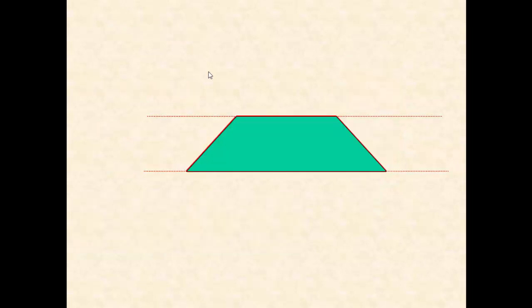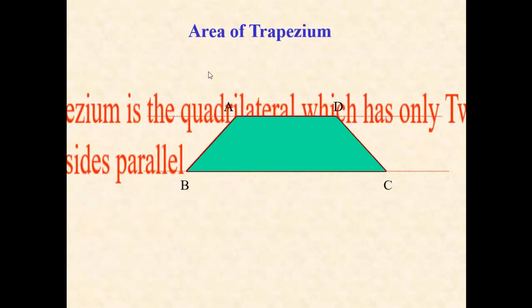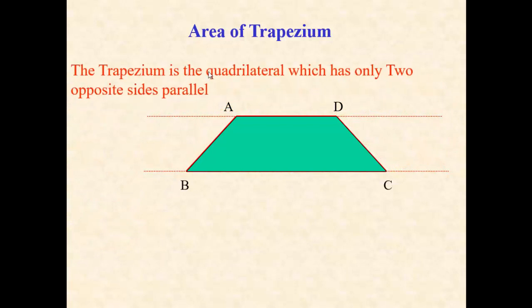What about trapezium? Trapezium is a quadrilateral which has only 2 opposite sides parallel. AD parallel to BC.